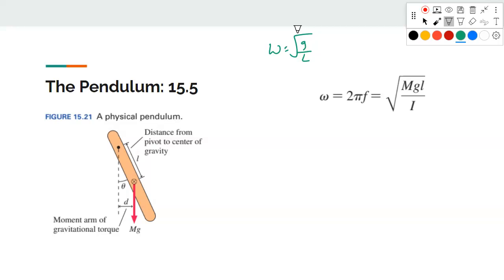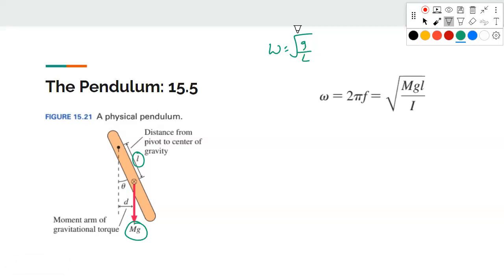Okay, so we can talk about those components here, but the mg, this is just the weight of our solid object. And then the l, it's not the length of the object. This is very confusing. It's the length from where we're rotating, from the pivot point to the center of mass. So that's why they use a lowercase l here instead of a capital L. So capital L would be the length of this whole object.